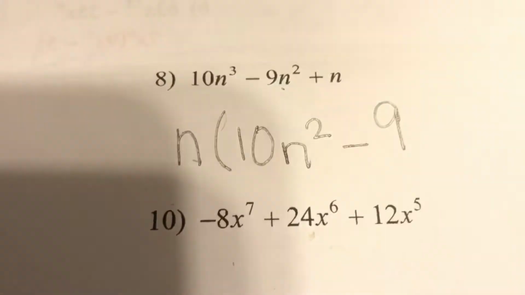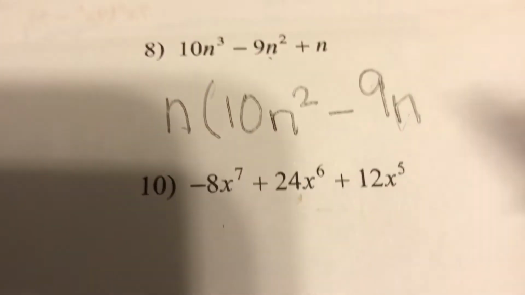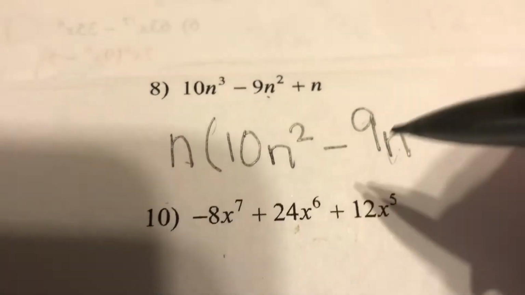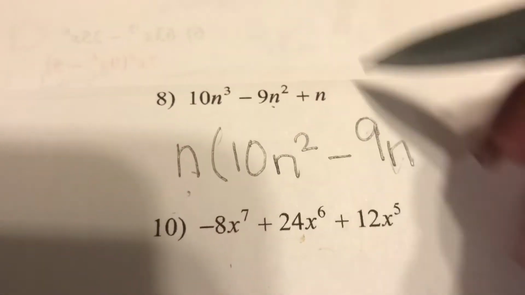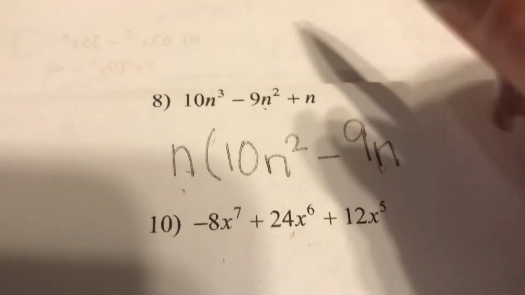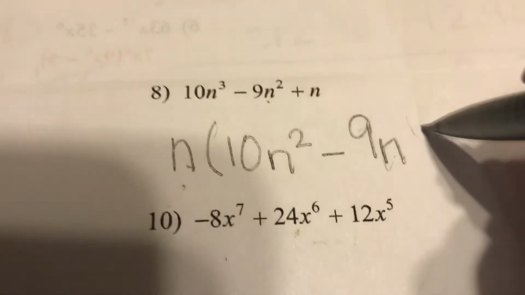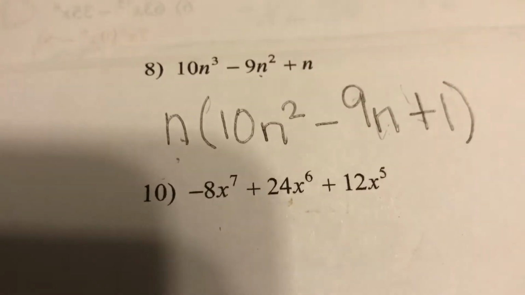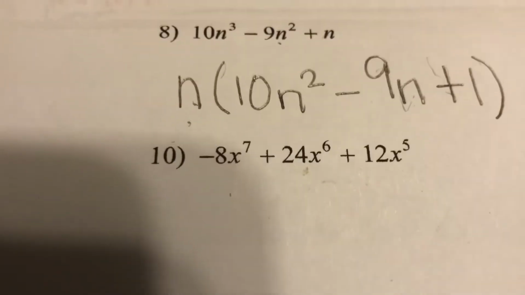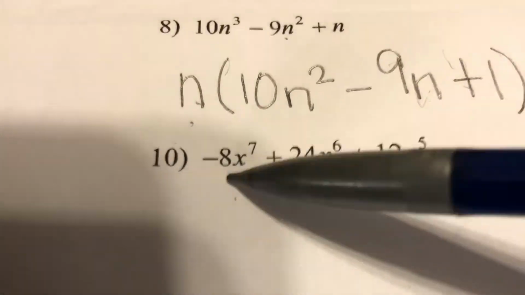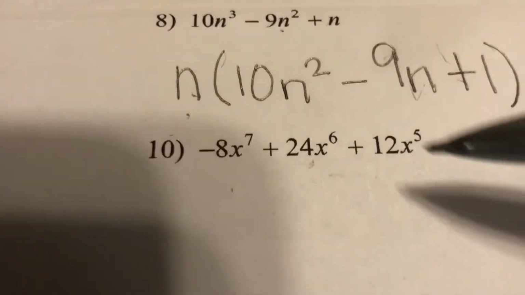And to make n become n squared, I'd have to multiply by an n. And then, since I already have an n, I need to keep this place right here, so to make n become n, I'm just going to have to multiply by 1 because it's going to be itself. Okay?